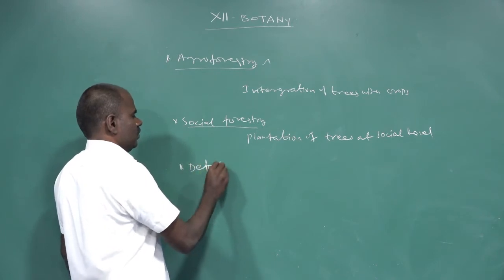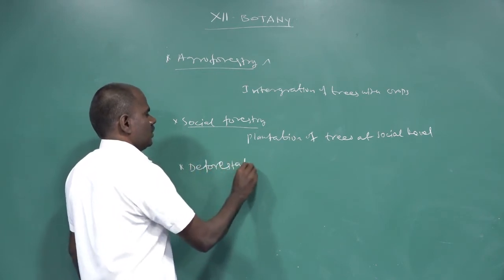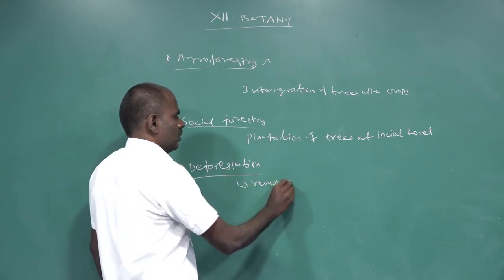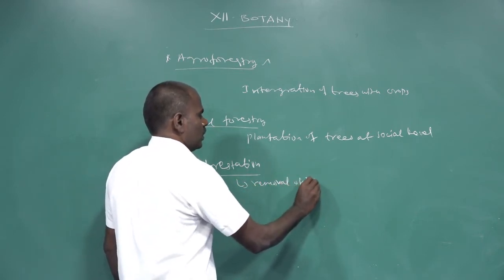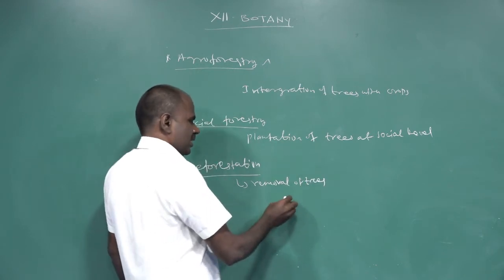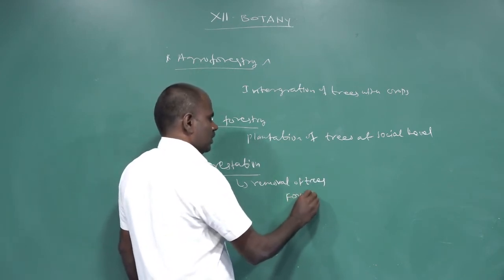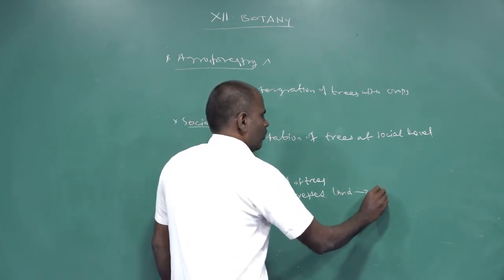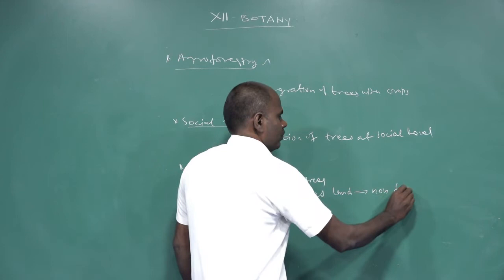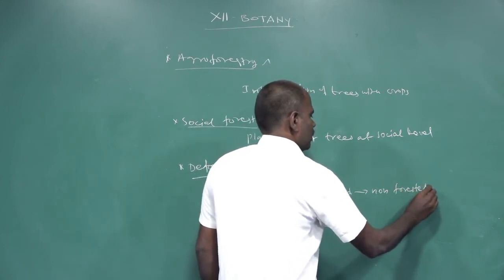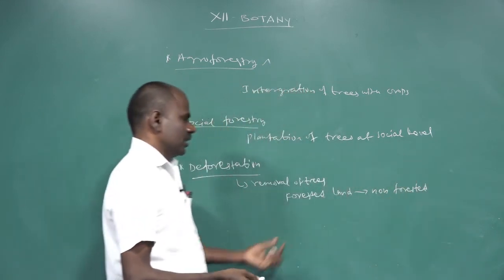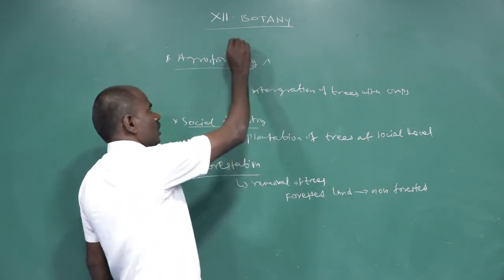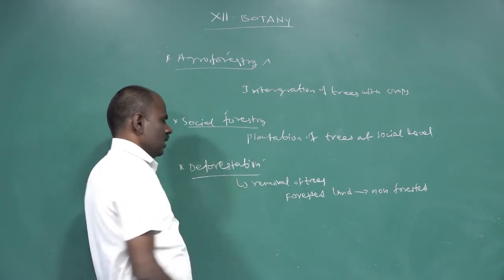Deforestation means removal of trees, where forested land is converted into non-forested land. These are what we discussed in the previous class: agroforestry, social forestry and deforestation.